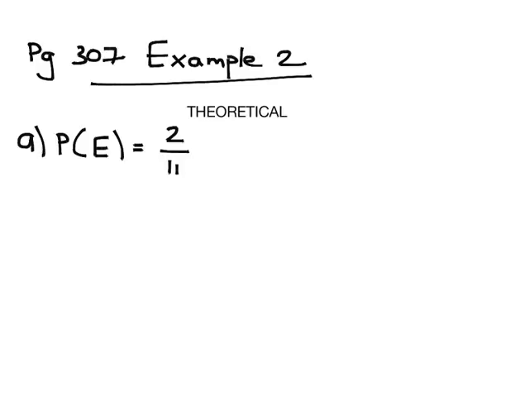Of course, you can just read from the book. Number B. Find the probability that the letter chosen is not E. Is 9 over 11.